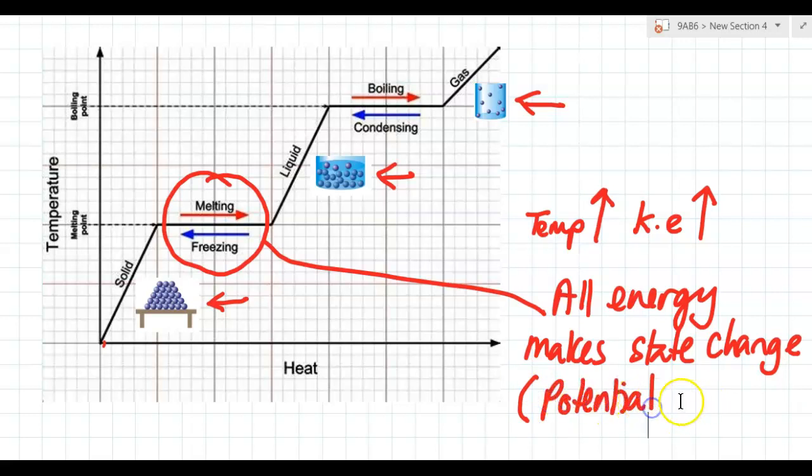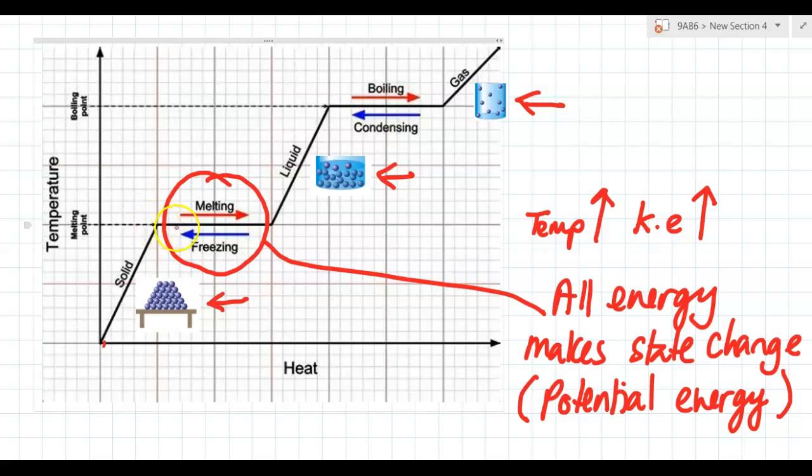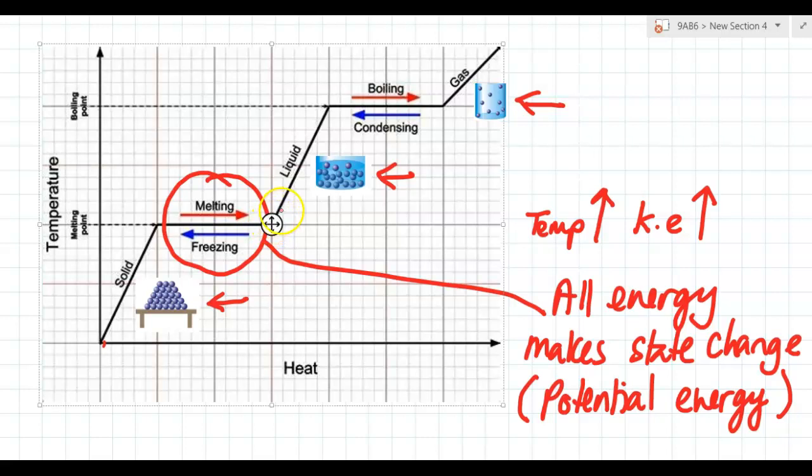So a key fact to memorize: when something changes state, the temperature does not change until the change of state is finished. So in this part of the graph, this horizontal line, you'd have a mixture of solid ice and liquid water, and only when all of the ice had melted at this point here would the liquid start to warm up and gain kinetic energy again.